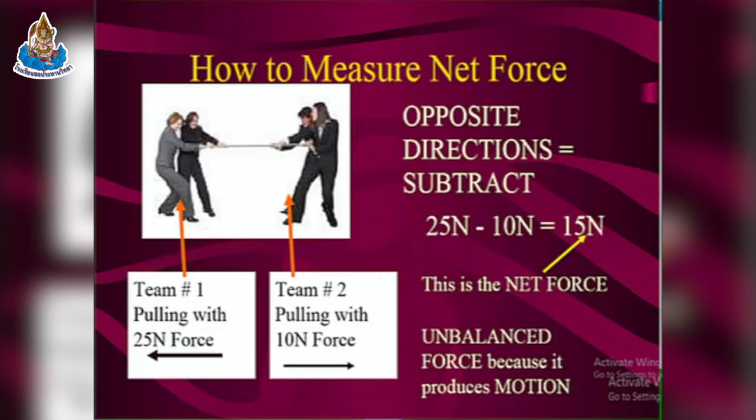If it's opposite direction, simply subtract. So 25 Newton minus 10 Newton will give us 15 Newton. This 15 Newton is our net force. So unbalanced forces produce motion. Let's have it on the next slide.